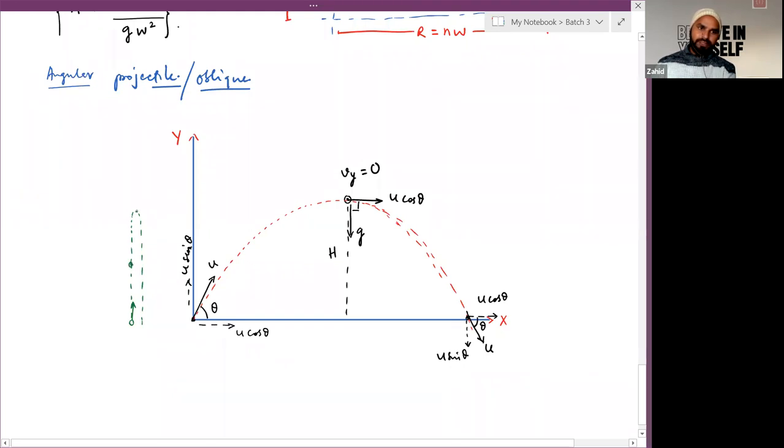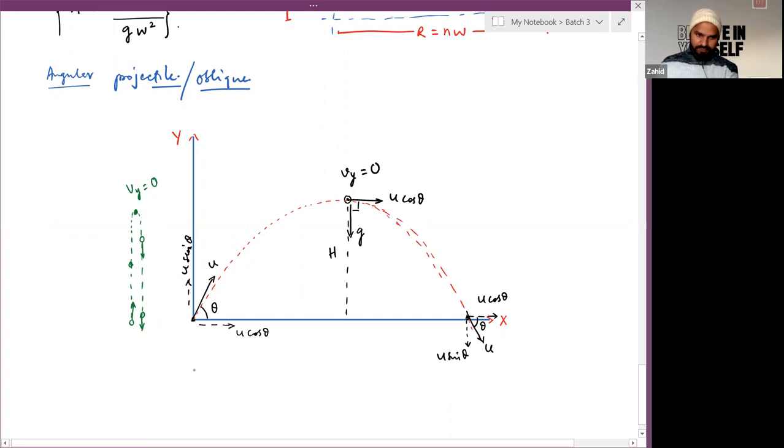So at highest point, since there is no further movement along y-axis, Vy at highest point will be 0. Then again start descending back and will hit surface with same velocity as it was projected.